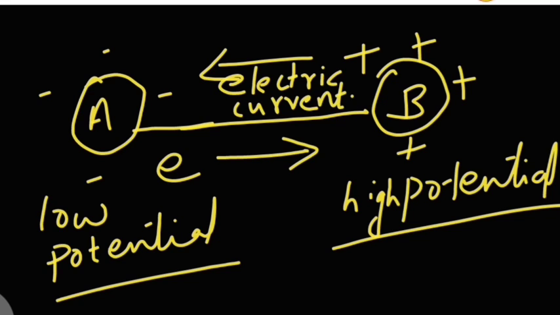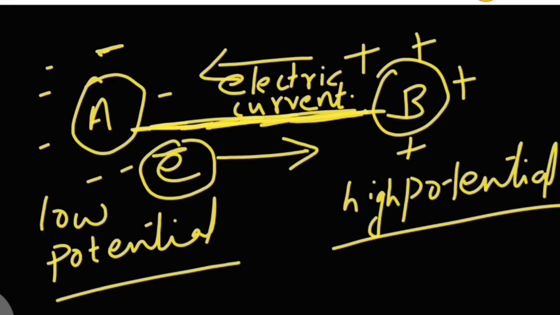So it is very important to note that electrons always flow from a higher region of electron to a lower region of electron, and of course the electrons are moving through the conductor. No one else is moving, and the movement or flow of electron through the conductor is constituting the electric current.